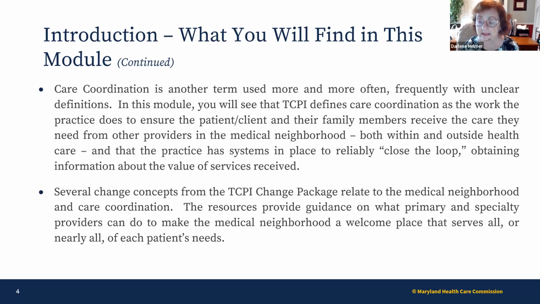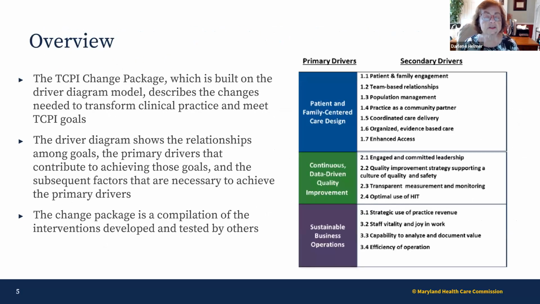We want to eliminate that and close the loop. There are several change concepts that relate to the medical neighborhood and care coordination, and those resources provide guidance on what primary and specialty providers are able to do to make the medical neighborhood a place that serves all of each patient's needs.